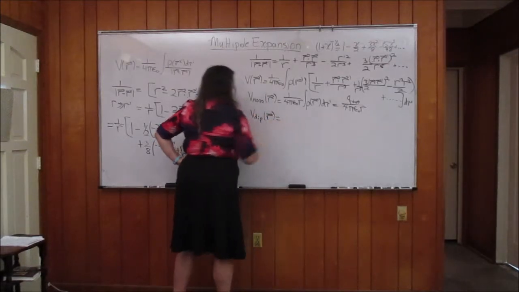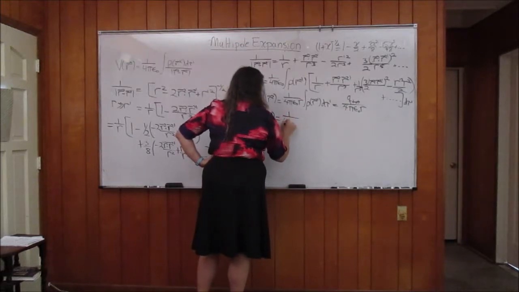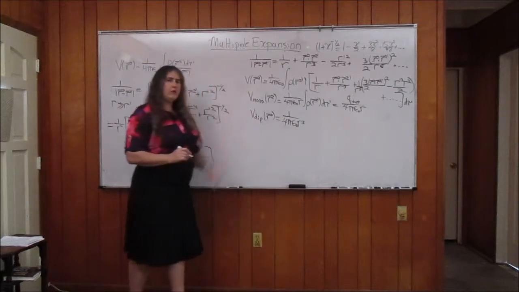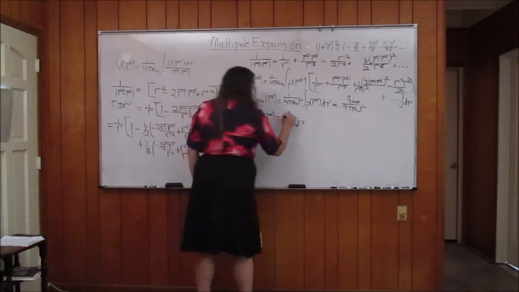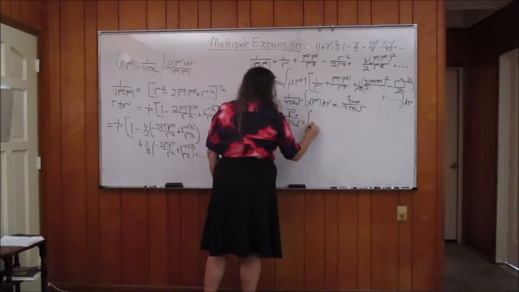The next term is the dipole term. I'm going to pull out 1 over r cubed. But I can also pull out the r dot as well because, again, it's not a prime coordinate.